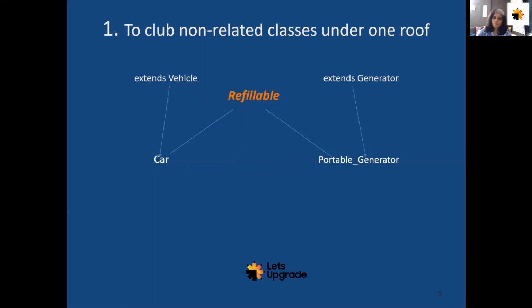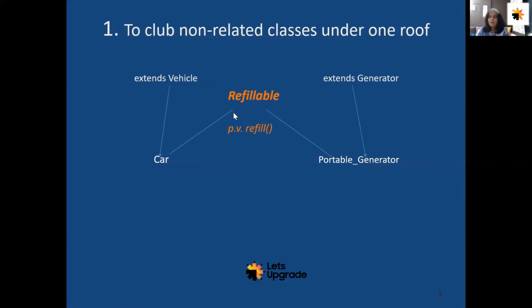So we may declare a method inside the refillable interface, that is refill. Now, should I implement this refill method inside the refillable interface? No. Why? Because car will have its own implementation of how it should be refilled. Same goes for generator. Generator will have its own implementation for refilling.